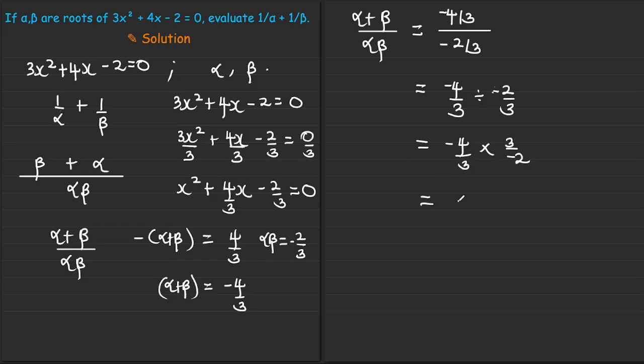So we will be left with negative 2 over negative 1. Negative 2 over negative 1 simply gives us 2. It means our final answer, 1 over alpha plus 1 over beta, gives us 2. And that is all.